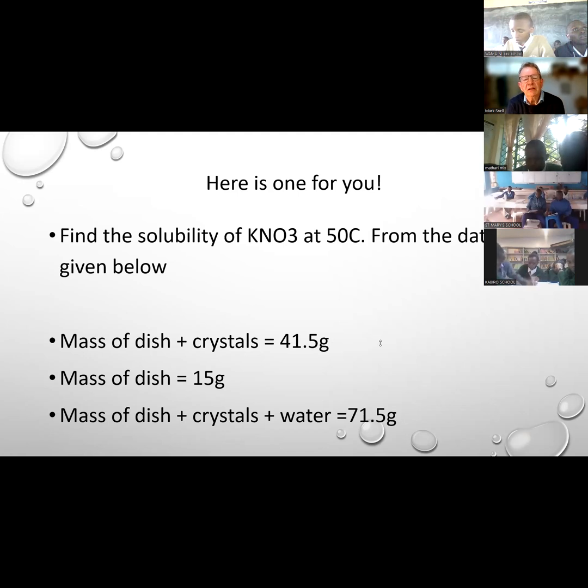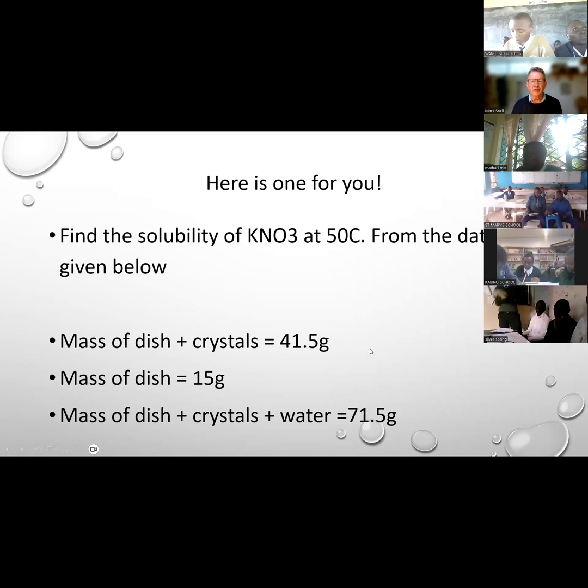Then I can work out the amount of water. I think the amount of water will come out as about 30, and the amount of crystals will come out as 26.5. So it would be 26.5 in 30.